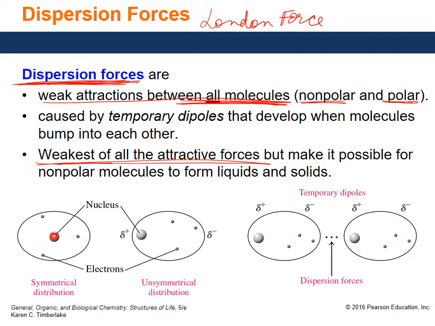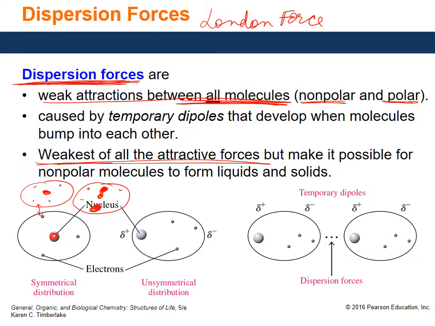When the second molecule comes close, these electrons repel each other, they do not like each other, so they move away from each other. So the electrons here get redistributed in the molecule, and the nucleus will basically move away. The electrons will move away and the nucleus will come closer to these electrons.